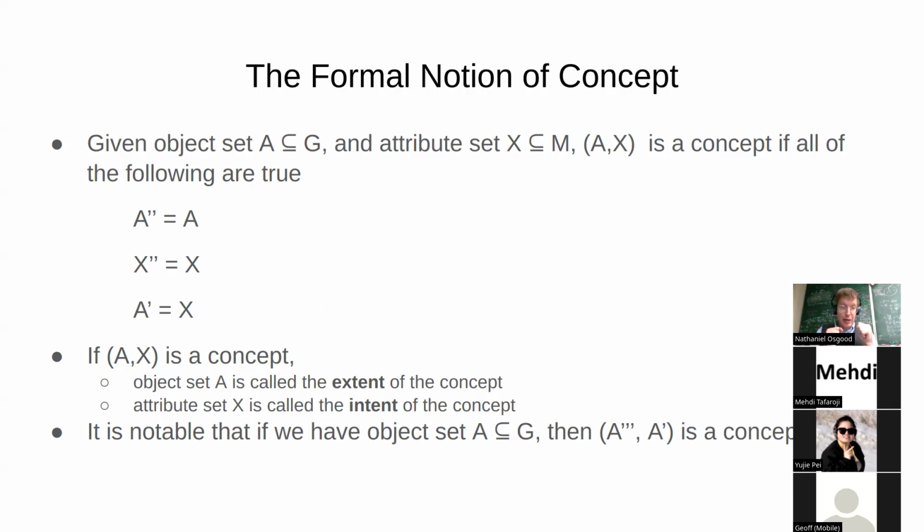They have very specific characteristics, we'll call it extension and intension. Okay, look, if we have a set of objects, we consider all the attributes shared by each and every one of those, and then we convert back to the set of all objects that have that, it has to be equal to A. So A is like this maximal set of objects that have these characteristics A prime.